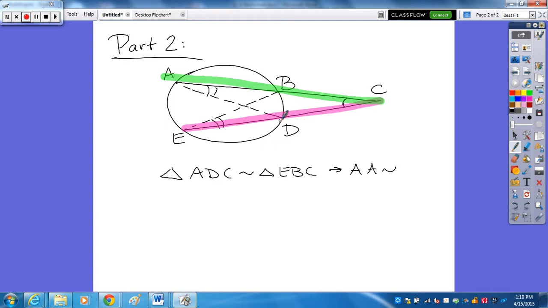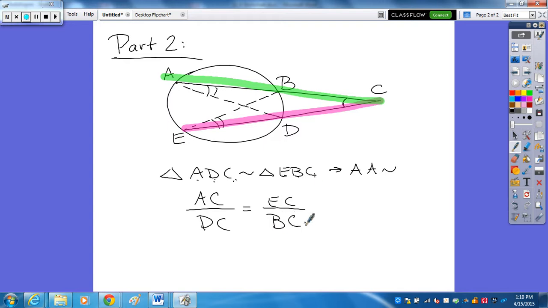Well, I've got AC, that whole segment there, and DC, both coming from this triangle, AC and DC. In the other triangle, the corresponding side of AC would be EC, and the corresponding side of DC would be BC.